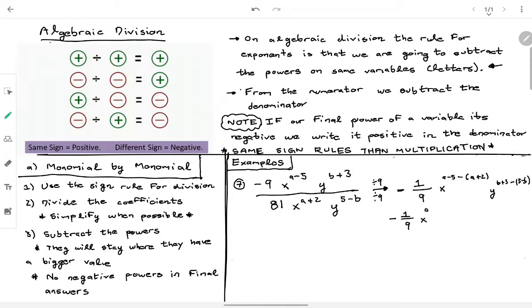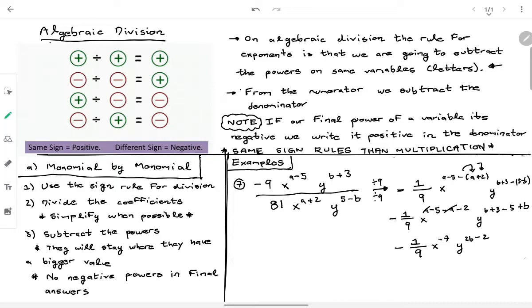X is going to be a minus 5. Remember, this minus will change the signs of the two of them, so it's going to be minus a minus 2. In the case of y, it's going to be b plus 3 minus 5 plus b. So in this case, a minus a we can eliminate, so it's going to be 1 over 9 of x to the minus 7 y to the 2b minus 2.